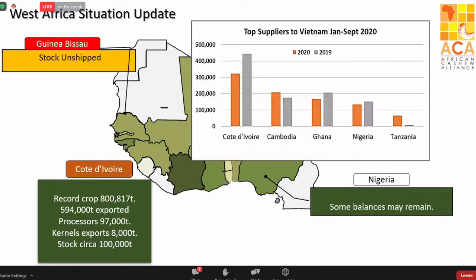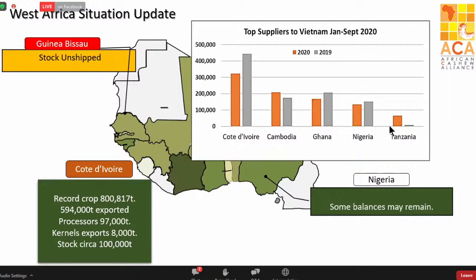If we look at some of the supplies again to Vietnam during 2020, you can see the grey bars are 2019, the orange bars are 2020. This is the position at the end of September. And you can see that the shipments from Cote d'Ivoire are significantly down, although there will have been shipments still to be made in October and shipments that were shipped in September that haven't yet arrived. Ghana, similarly, shipments down. Nigeria, similar situation.